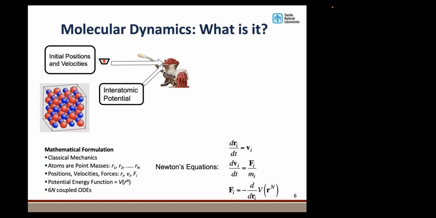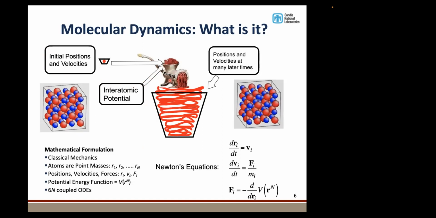You set initial velocities, which could be based on a temperature distribution, and then you have this interatomic potential, typically an empirical representation, and then you use Newton's equations of motion, and then you can update to get positions and velocities at many later times. That allows the atoms to move around realistically.